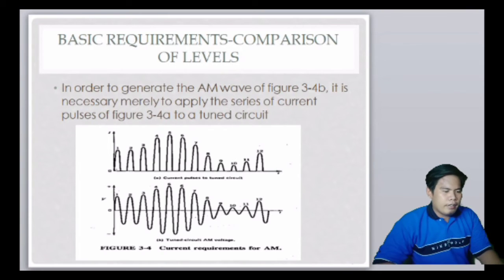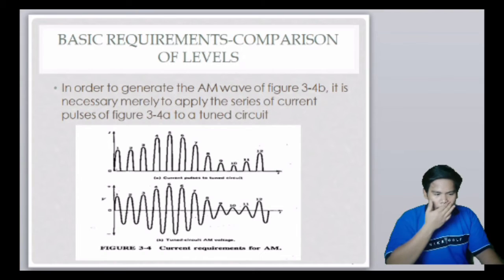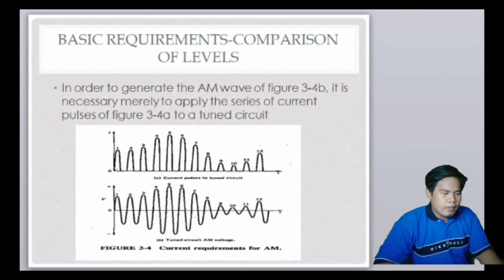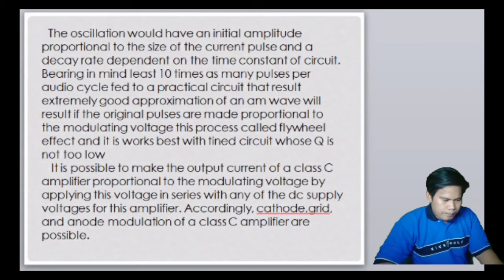In order to generate the AM wave of figure 3-4B, it is necessary merely to apply the series of current pulses in figure 3-4A to a tuned circuit. The oscillation will have an initial amplitude proportional to the size of the current pulse and a decay rate dependent on the time constant of the circuit, bearing in mind at least 10 times as many pulses per audio cycle.